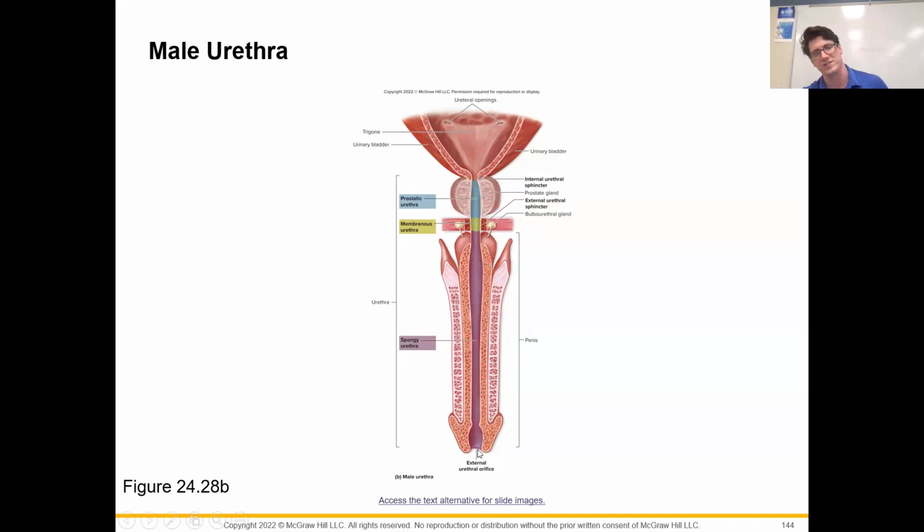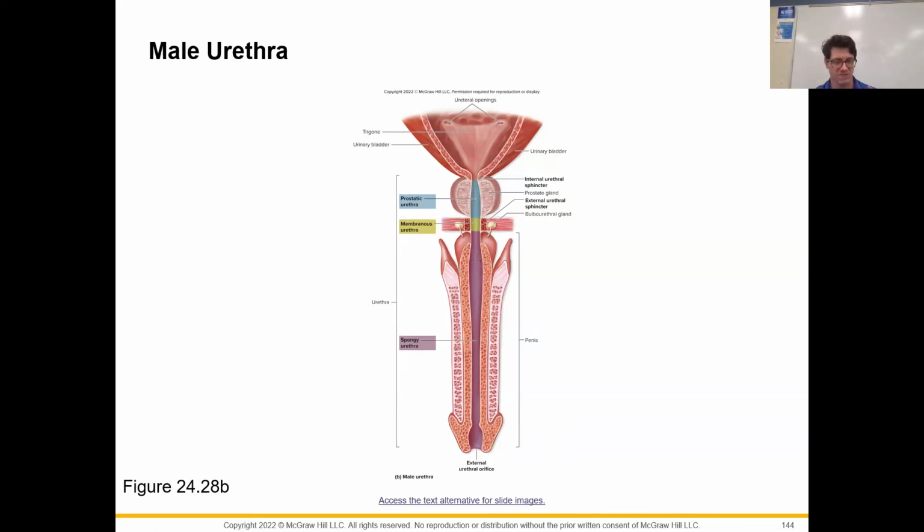Now, because this is not releasing so close to the anal canal as it is in females, because the penis is basically acting as a buffer, making sure that the urine is passing through an area further away from the anus, there's going to be a much harder time for any of the bacteria from around the anal canal to make their way to the external urethral orifice in males.